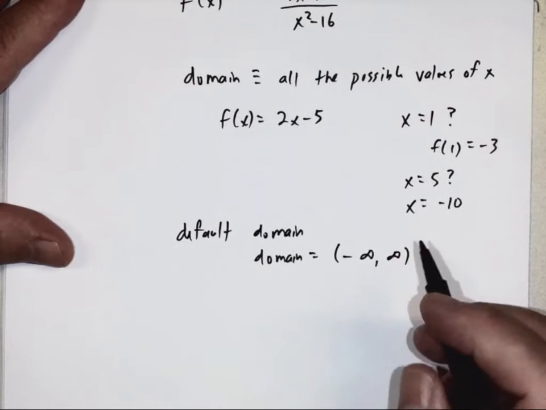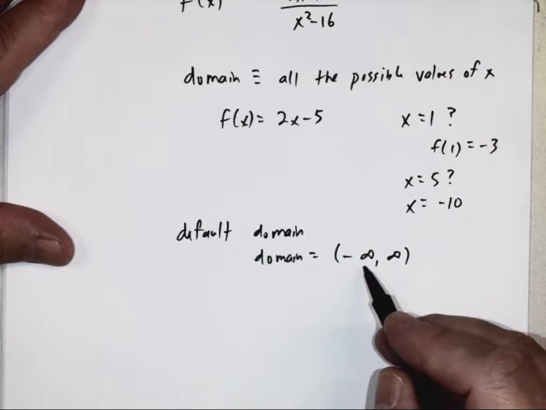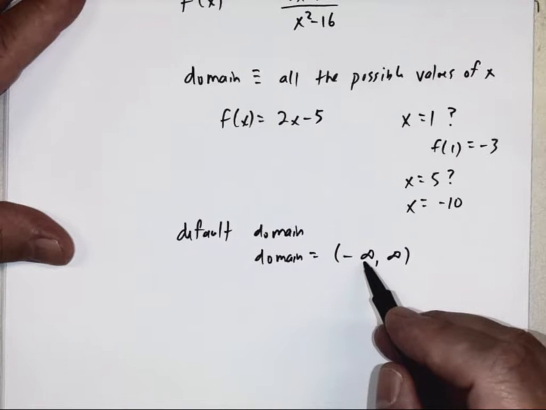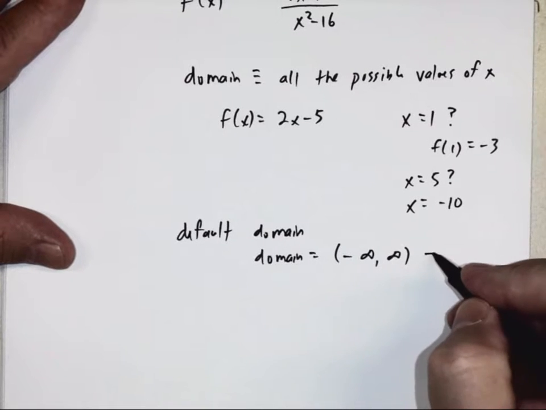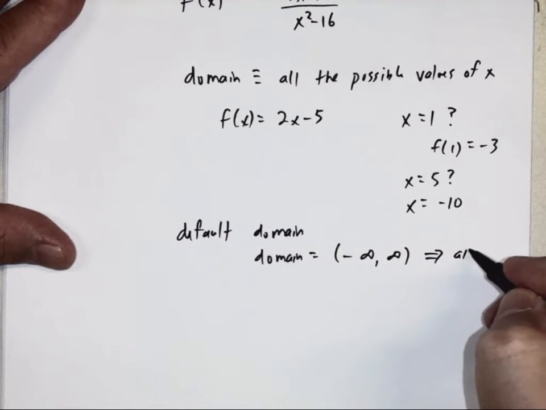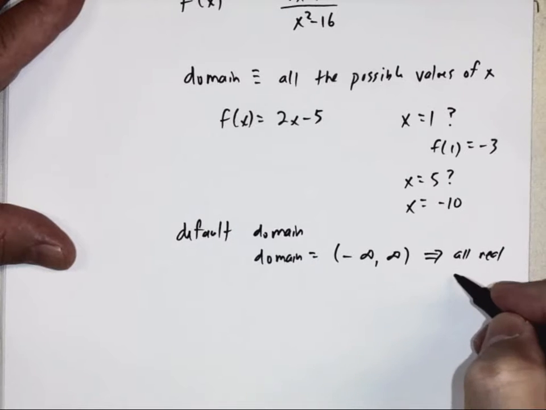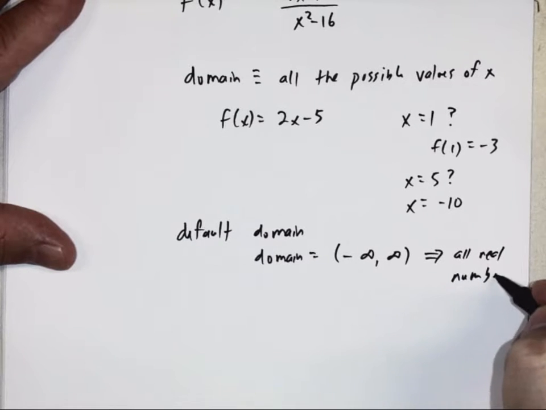I'm going to start by saying the domain is negative infinity to infinity, which is another way of saying all real numbers.